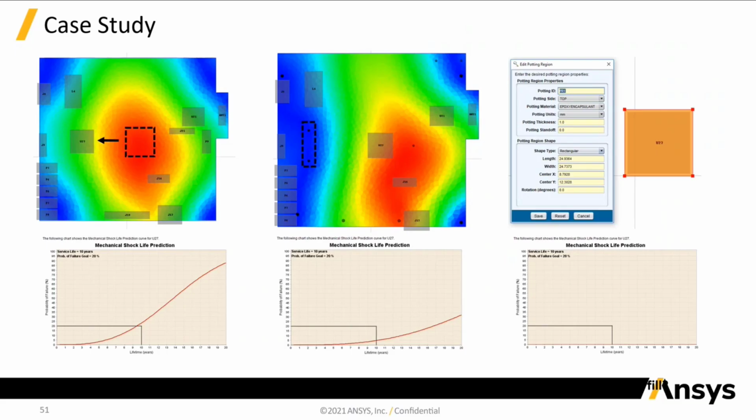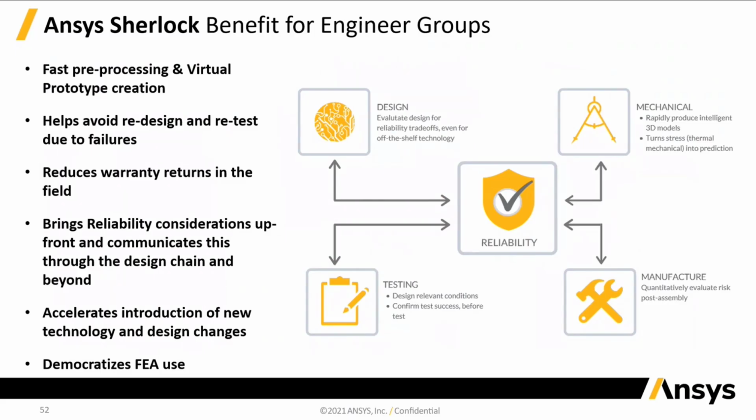So Sherlock allows that analysis to be done before you've actually built that first prototype. So this can then be fed back into the design process to create that, if you like, right first time prototype that's going to go through the testing process.